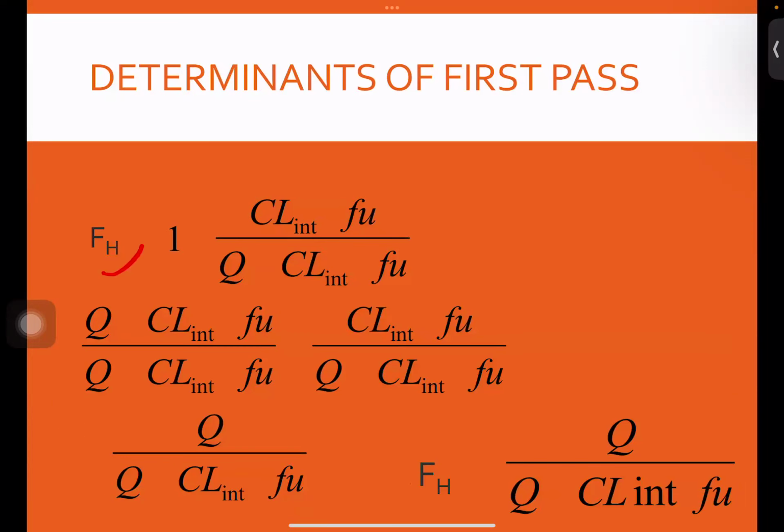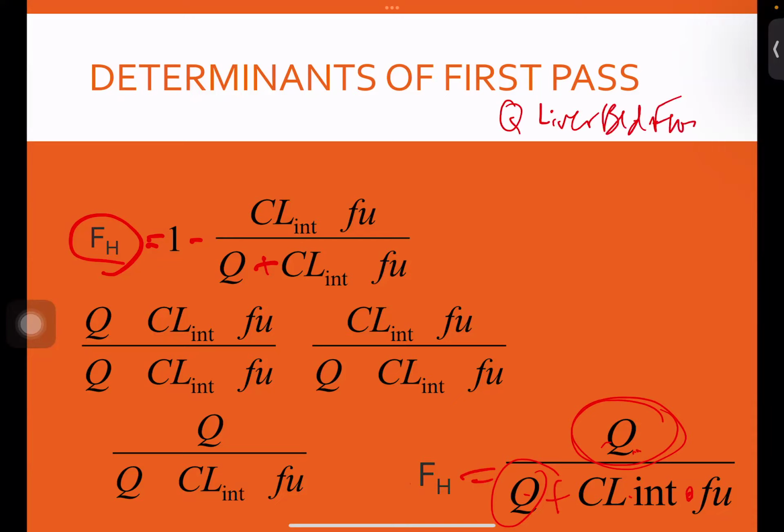All right, so what determines the first pass effect? I'm not going to get into this too much, but it is determined by these 3 things. Q is your liver blood flow. Intrinsic clearance is your enzyme activity in the liver.